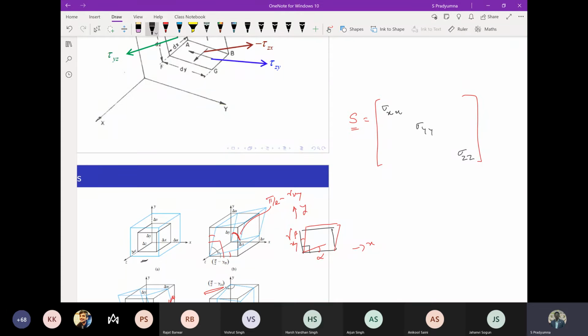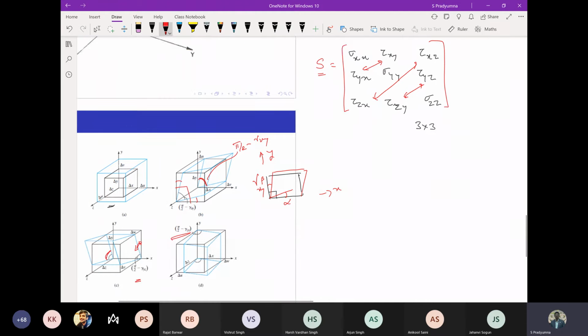And then the shear stress components: tau xy, tau xz, tau yx, tau yz, tau zx, tau zy and sigma zz. This is a 3 by 3 matrix having 9 components, but as we know, these two are same, these two are same, these two are same. So 9 components reduce to 6 components, 3 normal and 3 shear stress.